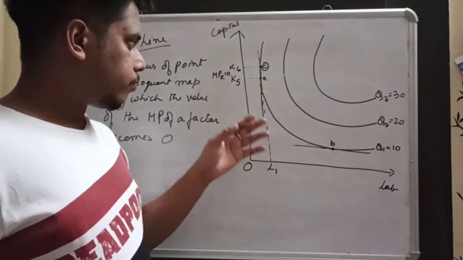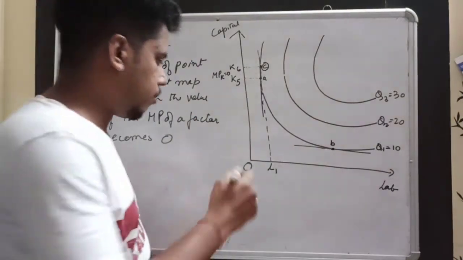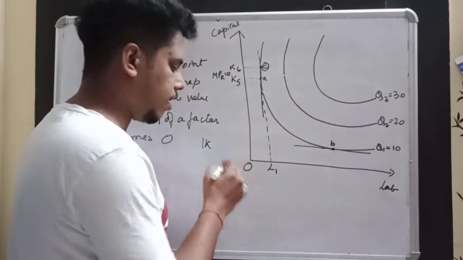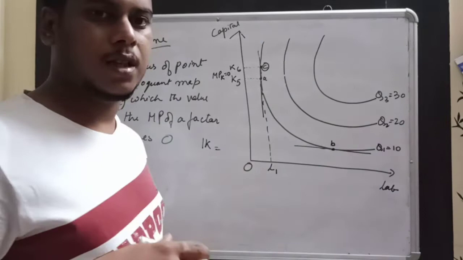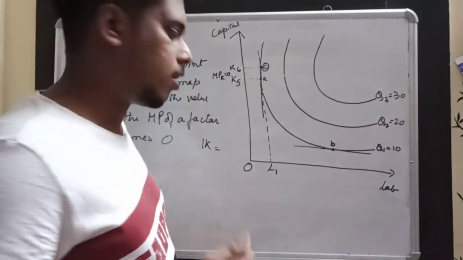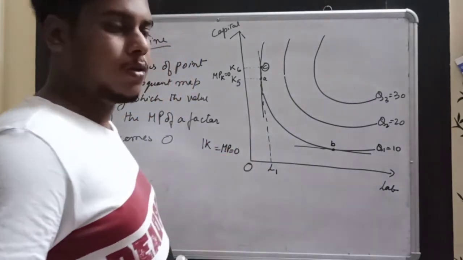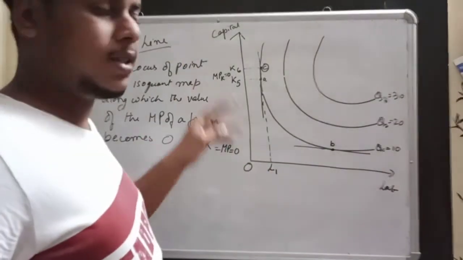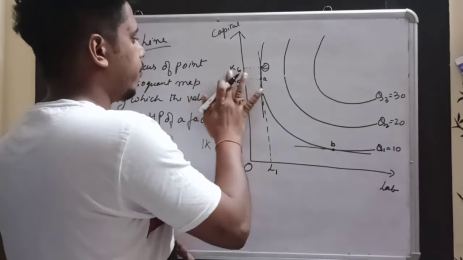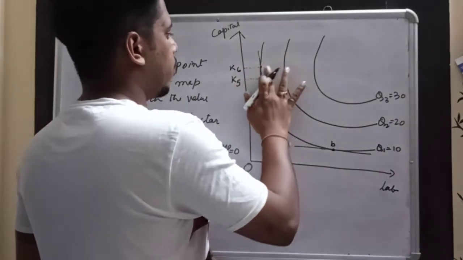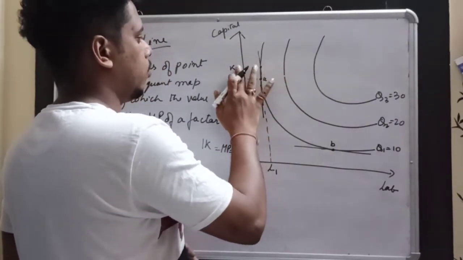That means the 1 unit of capital that I have added has not given me anything in return. That means its productivity is zero. So we can clearly say that at point A, the marginal productivity of capital is becoming zero.